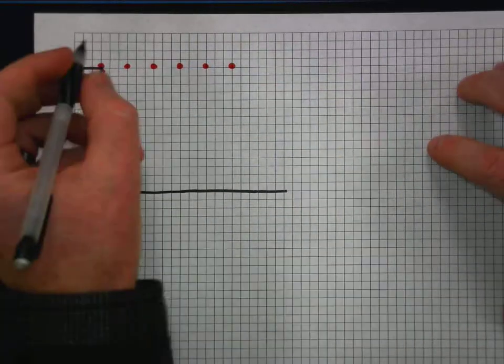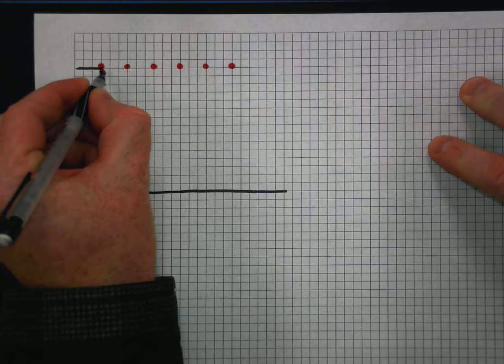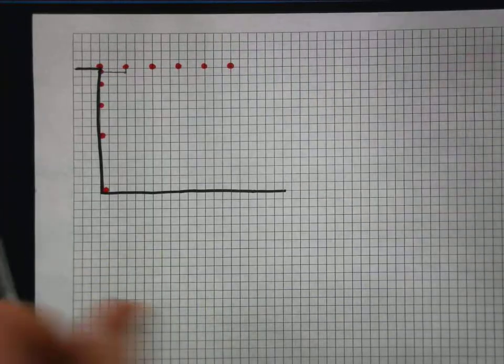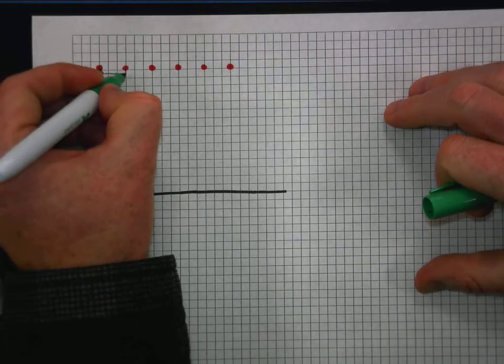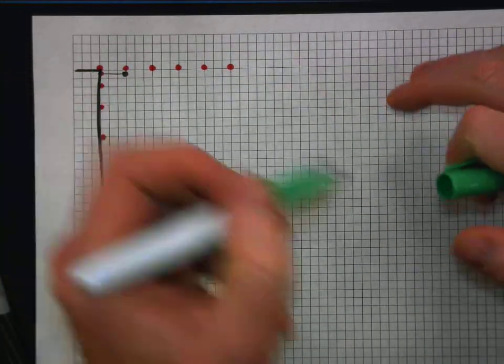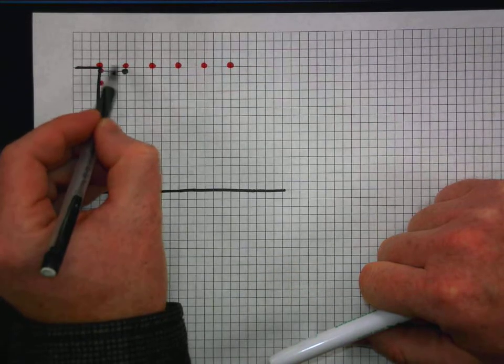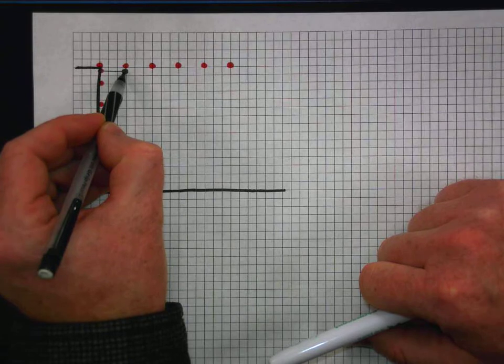We're going to see that in 1 second of time, the ball would actually be here. It has moved horizontally by a certain distance, and it has moved vertically down by a certain distance in 1 second.